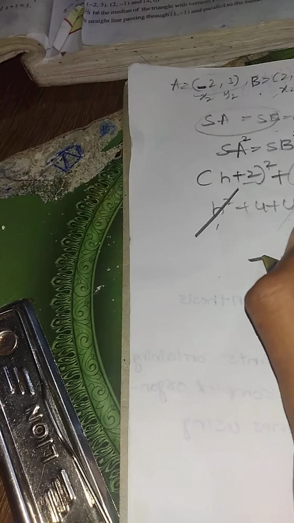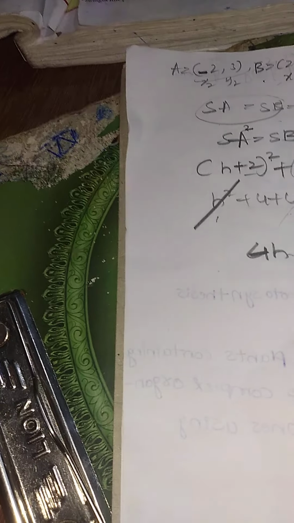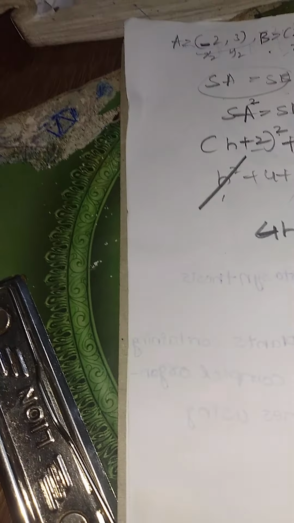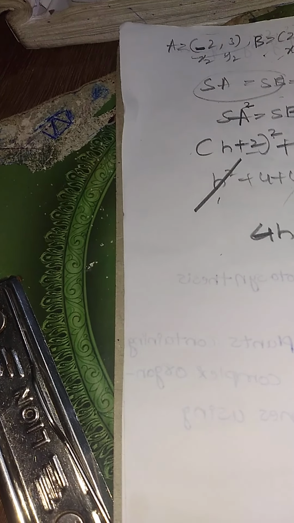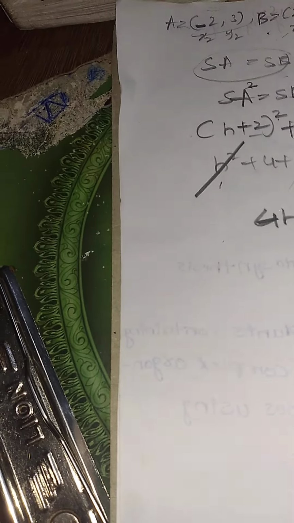Now I am adding these both. 4h plus 13 minus 6k is equal to 4 minus 4h plus 2k.